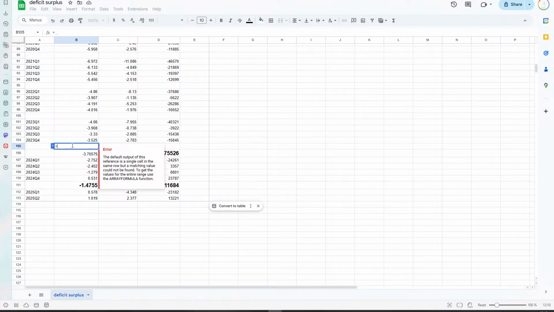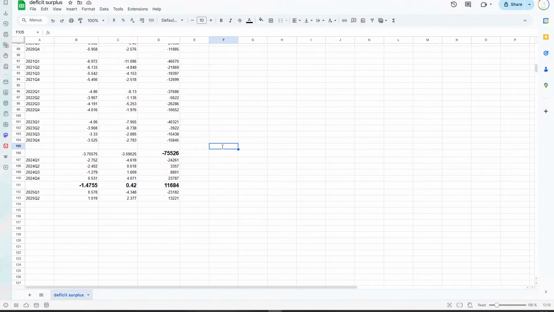Product of 1 plus this, minus 1. Okay, I was about to swear, so better I don't do it. Let's use another cell. That's why I hate Excel.